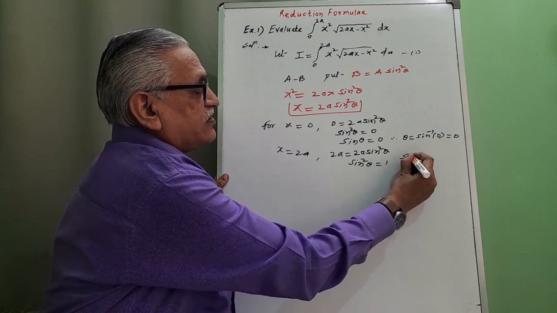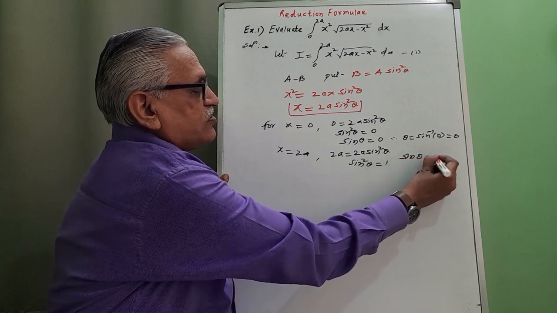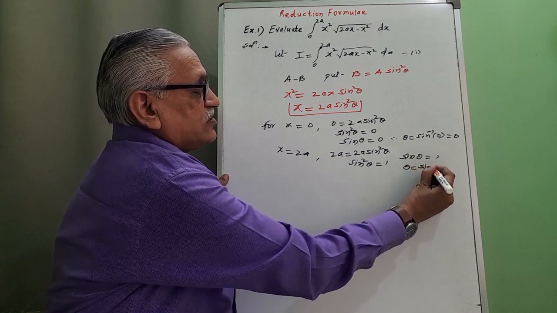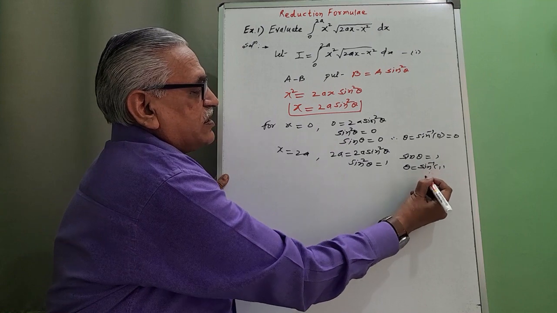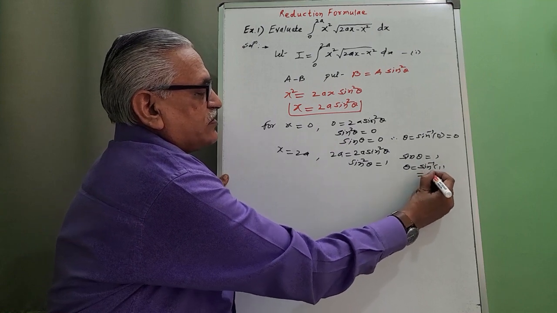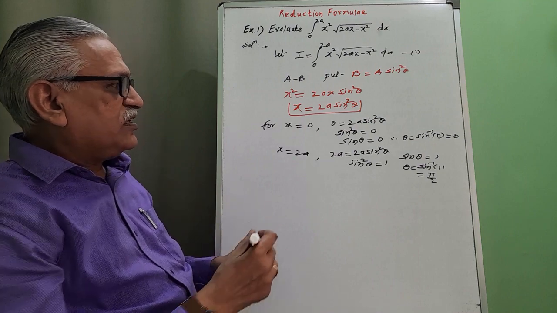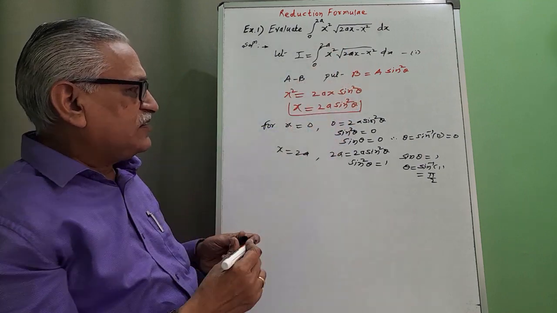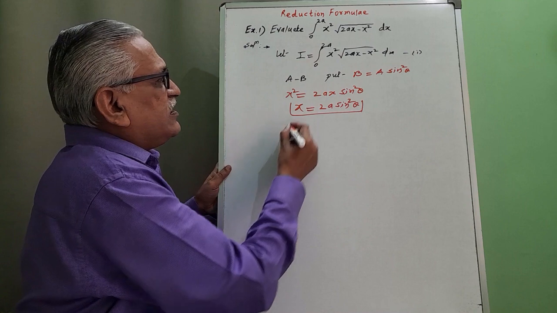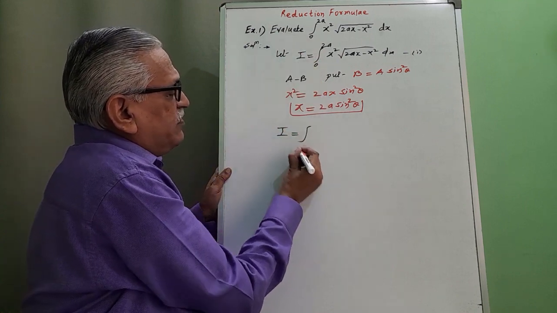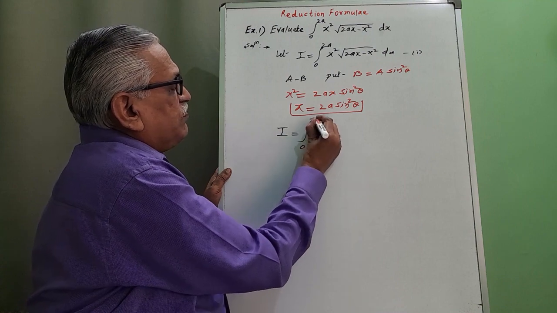Taking square root, sine theta is 1, and therefore theta is equal to sine inverse of 1, and the value of sine inverse of 1 is pi by 2. Substituting these values in this integral, the integral I becomes a new limit from 0 to pi by 2.